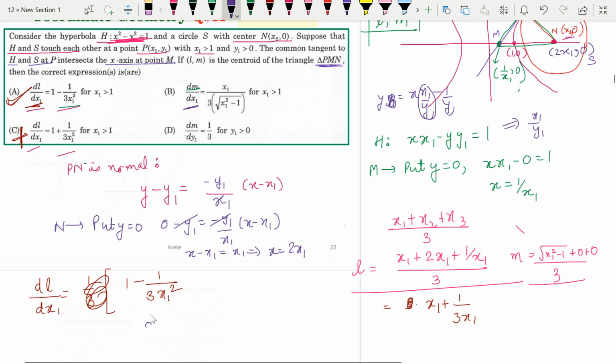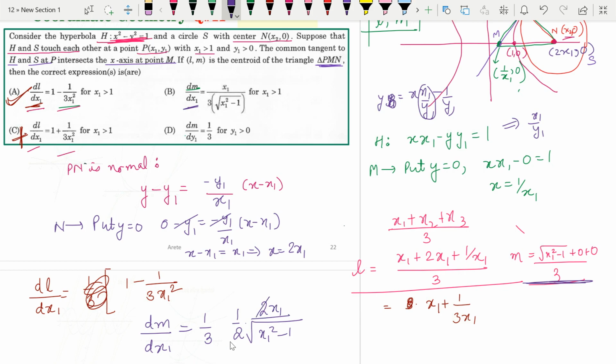What next? dM upon dx1. What's the derivative? 1 upon 3 times the derivative of the square root of x1 squared minus 1. That is 1 upon 2 square root of x1 squared minus 1, and then you will have 2x1. So 2 gets cancelled and you are left with x1 upon 3 times the square root of x1 squared minus 1.